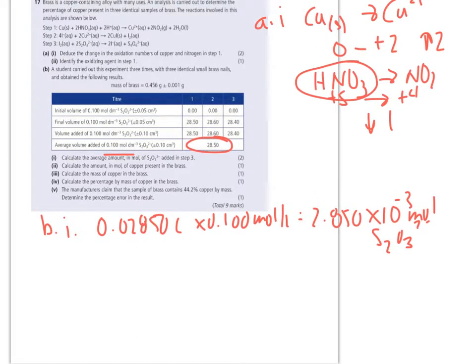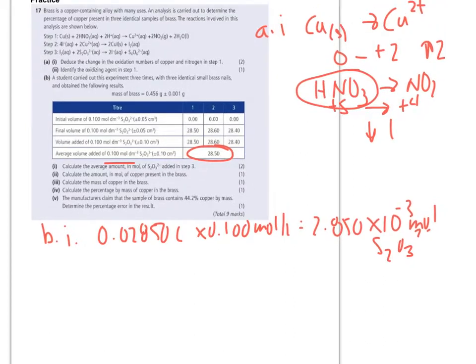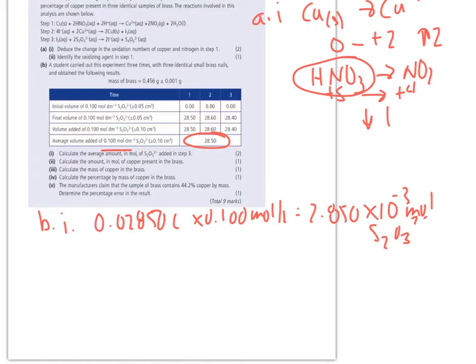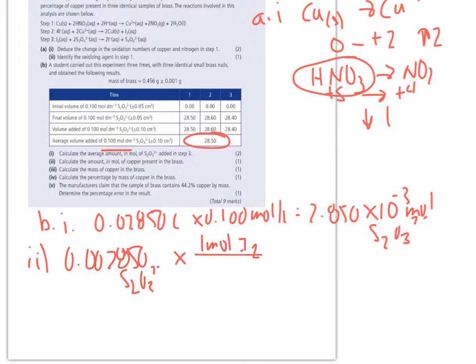So in B2, what I did is I started with my molar amount, 0.002850 moles. This is my S2O3 2 minus. And what I looked at is in that third equation, I can see that I get 1 mole of I2 combining with 2 moles of S2O3.